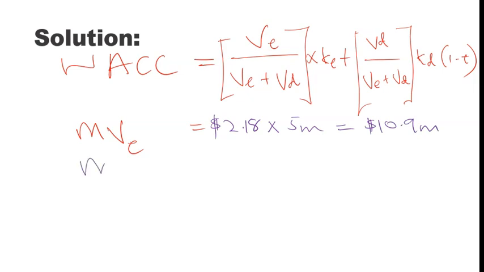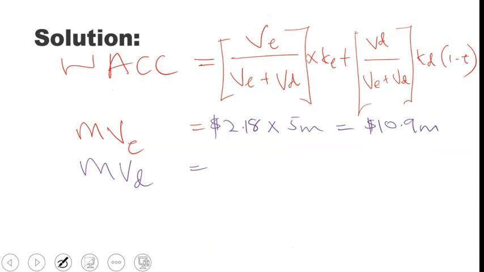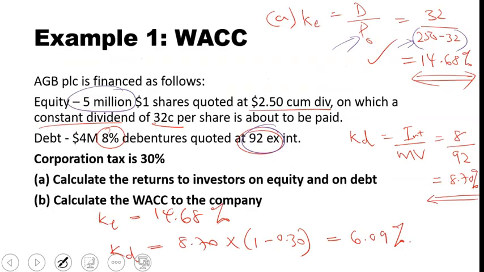And then market value of debt: we are told that the debt is quoted at 92, so that's 92 over 100 multiplied by 4 million.